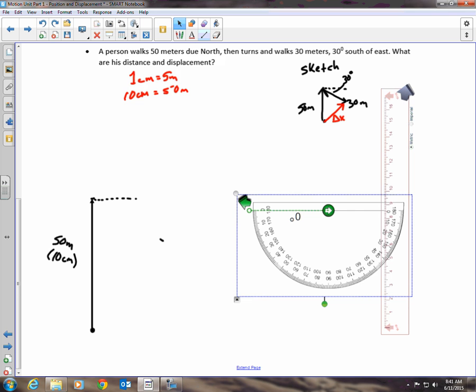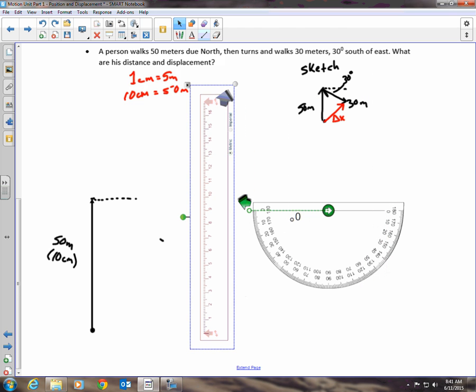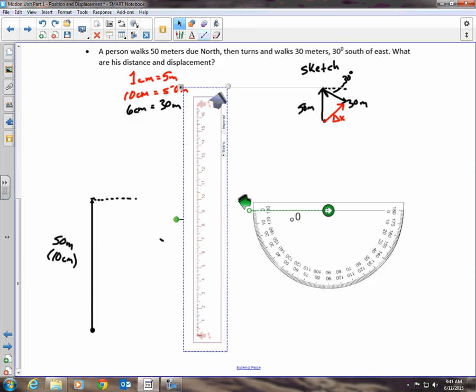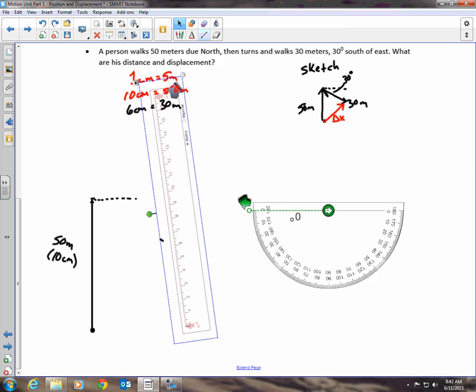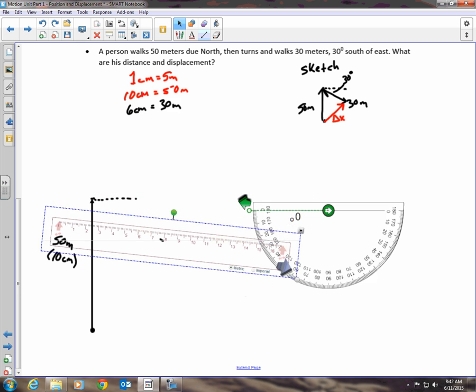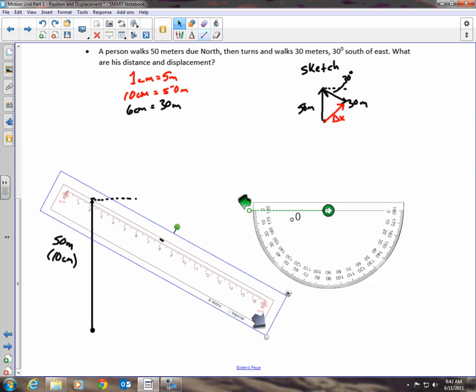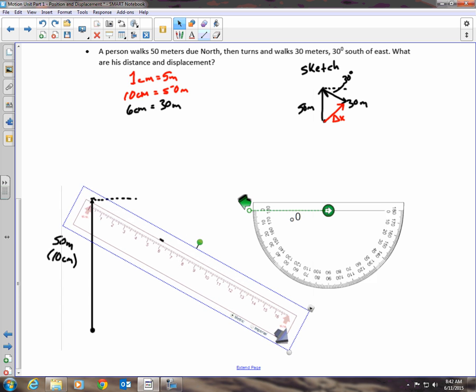And I have to use the ruler now to measure 30 meters. So it's 1 to 5. So that's going to tell me that 6 centimeters would equal 30 meters. So I'm going to measure along that line 6 centimeters. So I'll take this and spin it around here. That's pretty good.